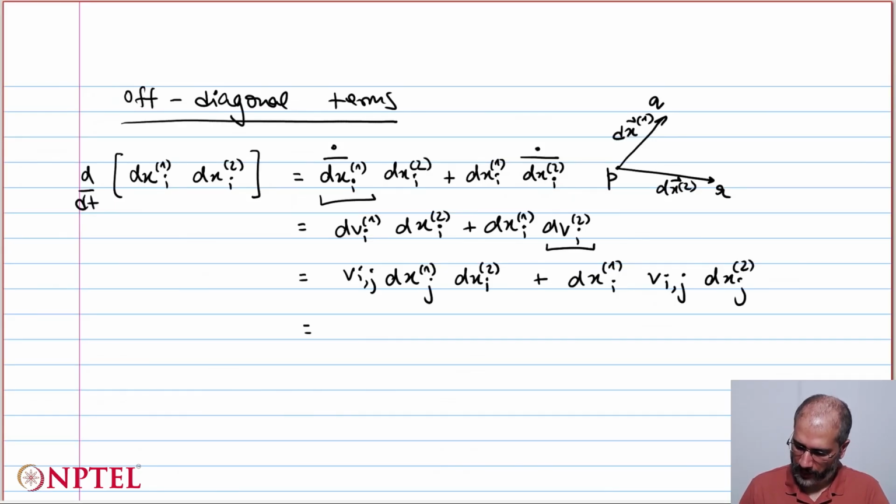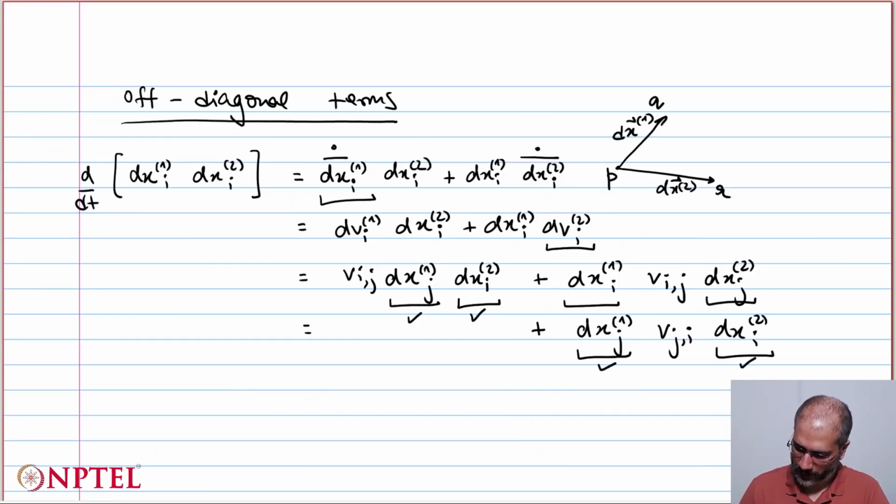Now in these expressions we have a dx1j dx2i, and here we have a dx1i dx2j. So we do some index manipulation. So in the second term, what I do is I swap the indices i and j because they are both repeated. So this becomes dx1j vj comma i dx2i. So now I see that we have a dx1j like here and dx2i like here.